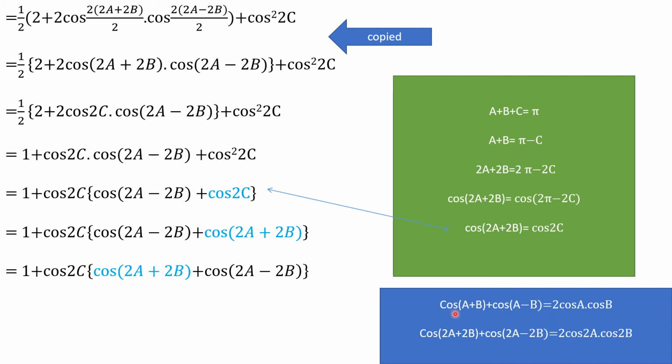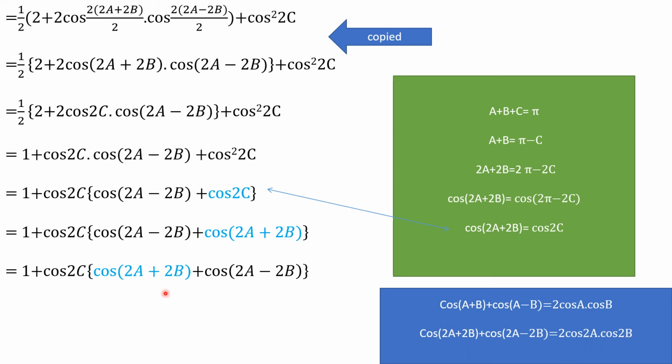We have learned that cos A plus B plus cos A minus B is 2 cos A into cos B. So using the same concept, if we have cos 2A plus 2B plus cos 2A minus 2B, we can write this as 2 cos 2A into cos 2B.